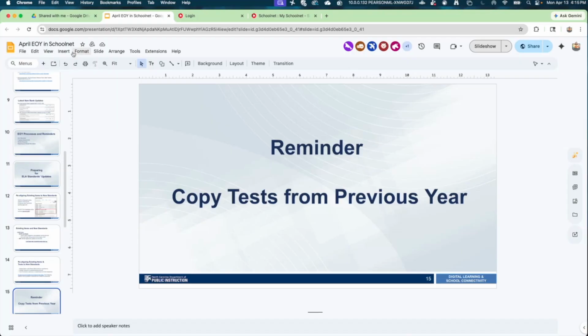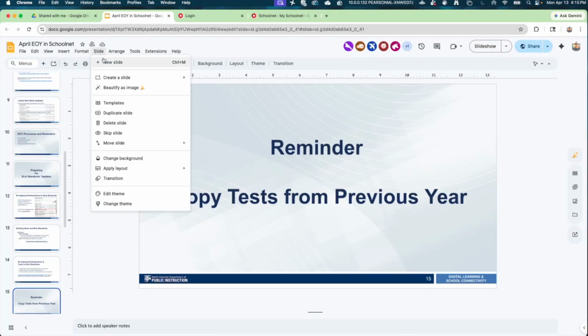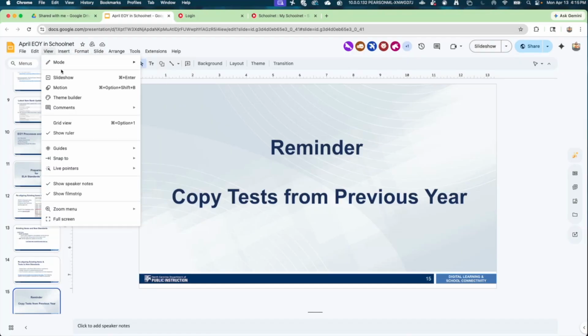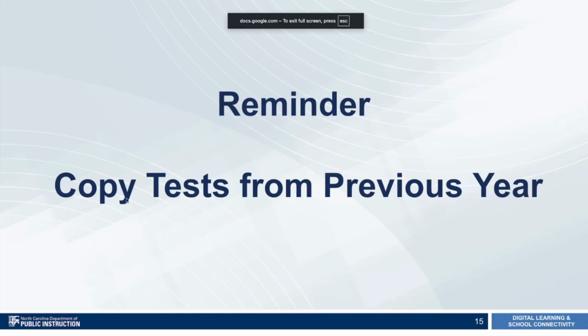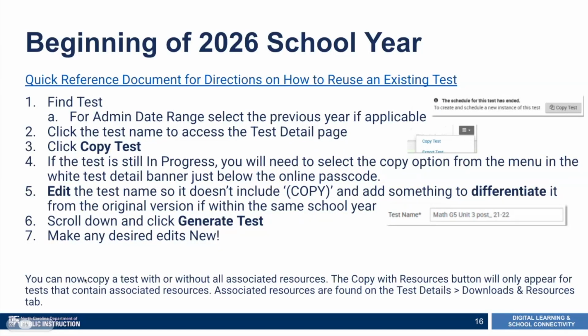All right, let me go back to this. Okay, so the ELA standard segues into the reminder to copy tests from previous year. So at the end of the year, on June 30th, Schoolnet will shut down, the sync will shut down for about 2 weeks before we resume it.